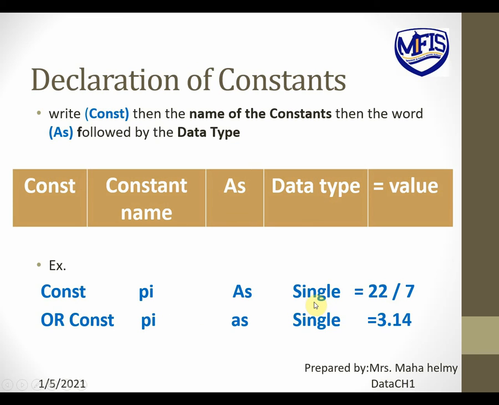Or in other words, Const pi As Single = 3.14, both are correct. So to declare a constant in the computer memory, we have to follow this rule: Const, then constant name As, followed by the data type = value. Keep in mind, dear students, that we have to identify a value to the constant during declaration.